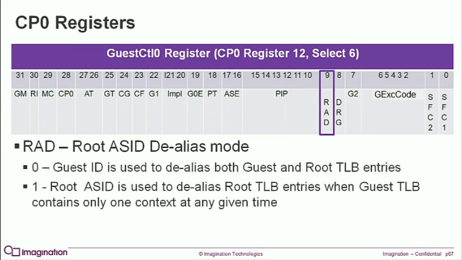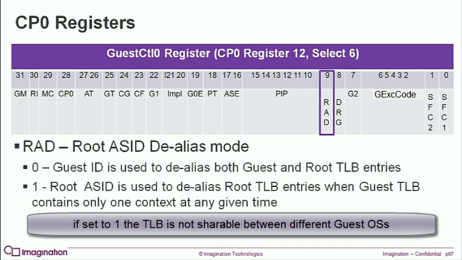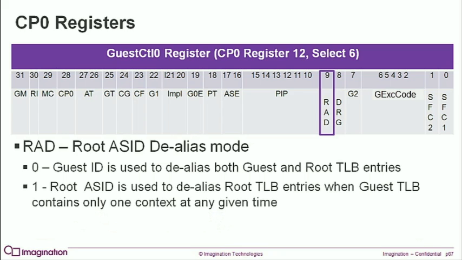In the case where the RAD field is set and the global bit is also set for the TLB entry, then that entry will be valid for both the root and guest contexts. You could also think of this as determining if the TLB is shared. If it is set to 1, the TLB is not shareable between different guest OSs.